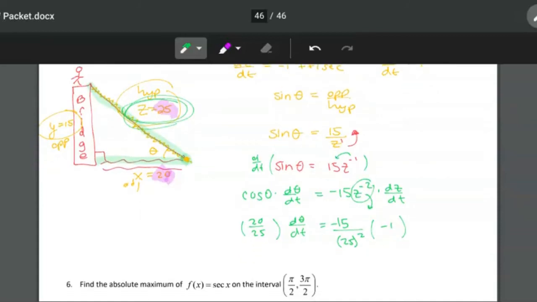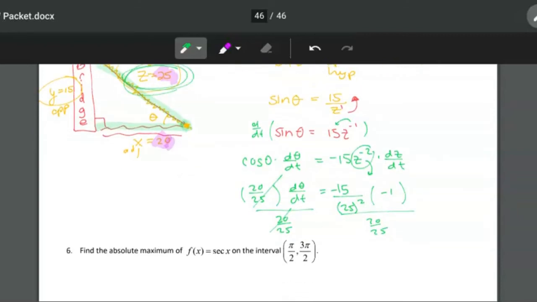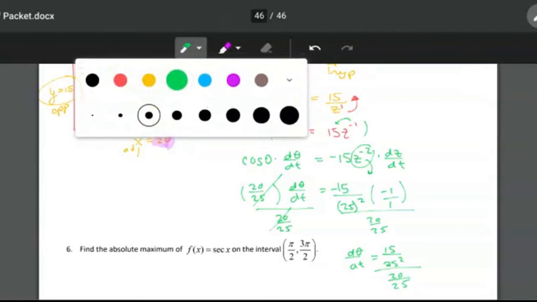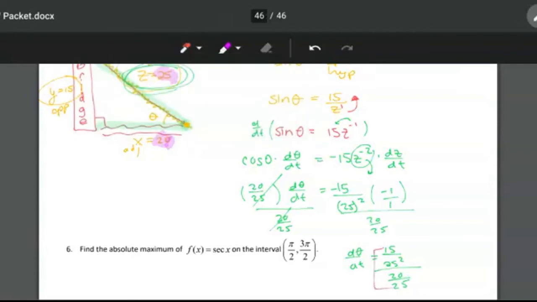All right, so we can do some simplifying here. First of all, to get d theta dt by itself, we're going to divide both sides by 20 over 25. So we would get d theta dt equals, on the top, positive 15 over 25 squared, all over 20 over 25. If we do the outside-inside trick with that, we get 15 times 25 on top and 20 times 25 squared on bottom.